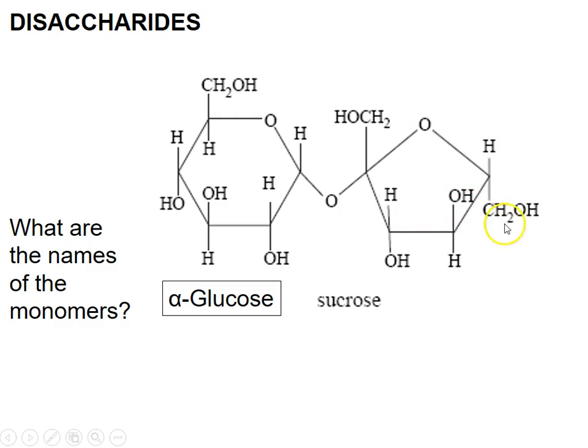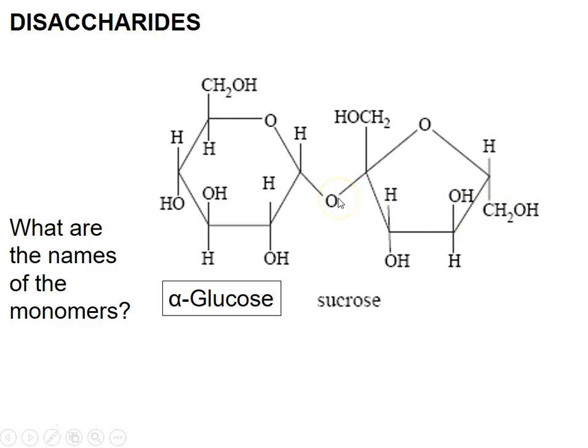This one, you can look in your data booklet, this is fructose, because it's a 4 carbon ring. So your CH2OH, like this one, with just a hydrogen, that's your one that you need to compare on the other side, your OH. Is it up or down?